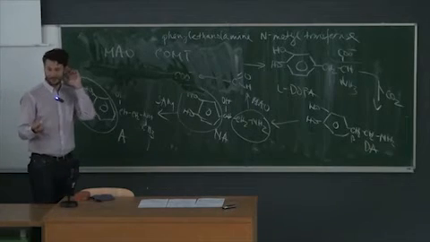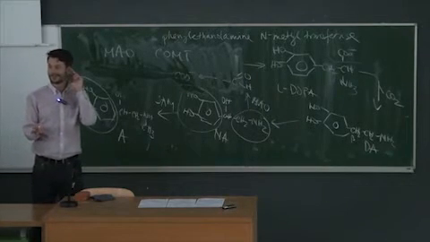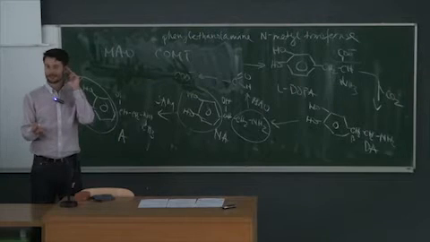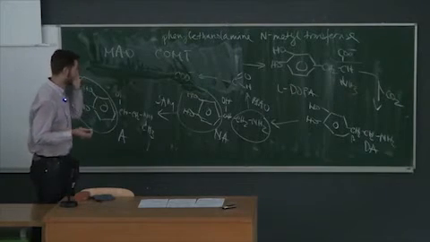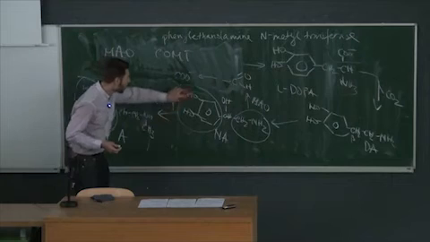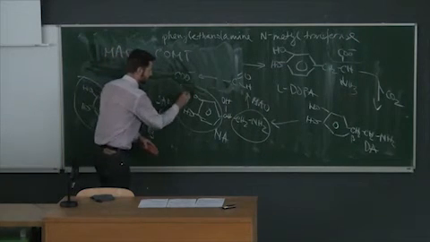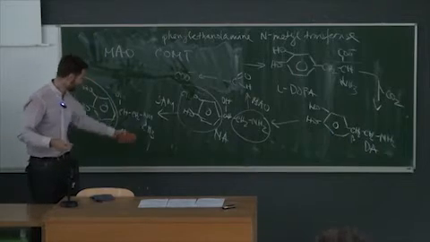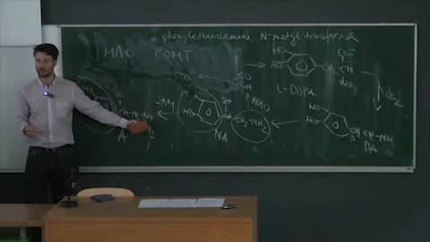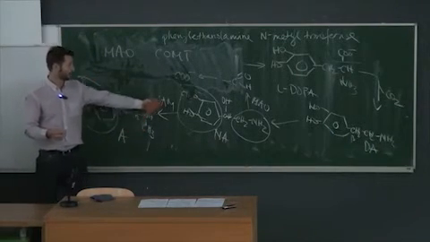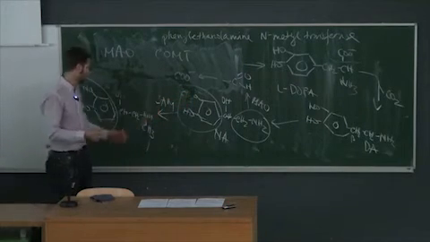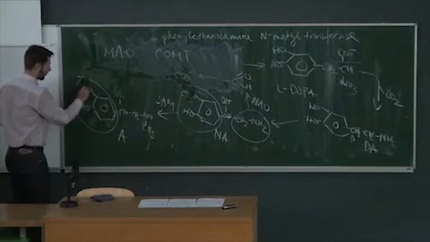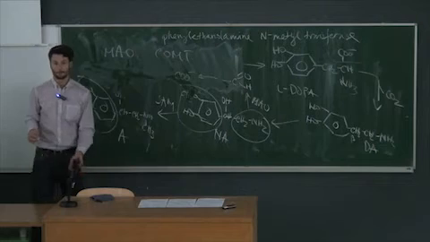It will transfer a methyl group to the OH group that we added in the previous step. Very good. So it's an O-methyltransferase. Unlike N-methyltransferase, which put a methyl group onto nitrogen, this one puts a methyl group onto an oxygen, this one here, or that one there.